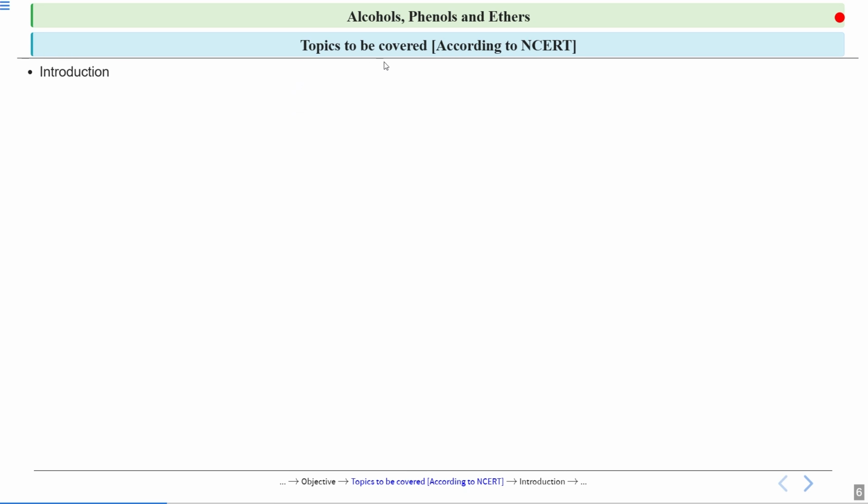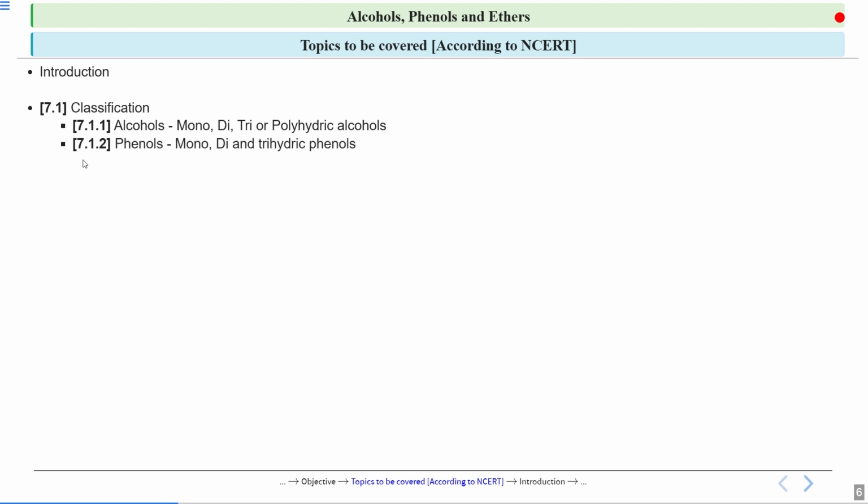The topics to be covered today, according to the NCERT, first of all, introduction. We briefly introduce the alcohols, phenols, and ethers. Then we will cover section 7.1, that is classification, in which subsection 7.1.1 comes, that is alcohols: mono, di, tri, or polyhydric alcohols. We study what they are.